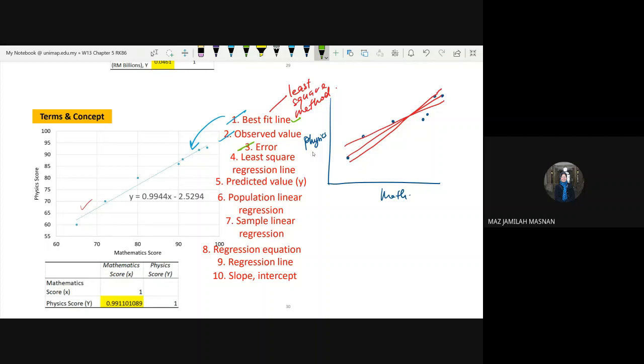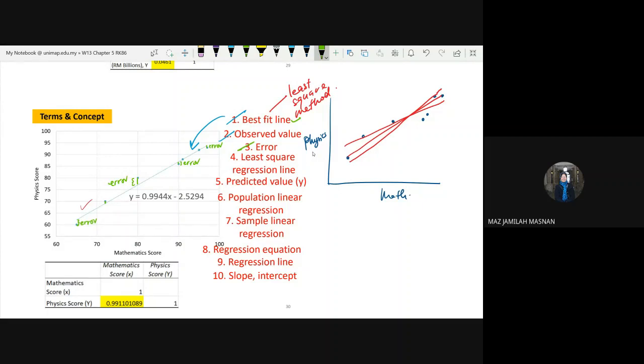The distance between the observed value and the line is what we call error. Here is the error, very small here, here is the error. It is the difference between the observed value and the predicted line.